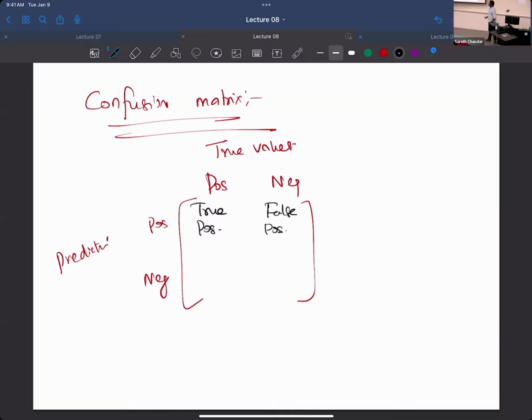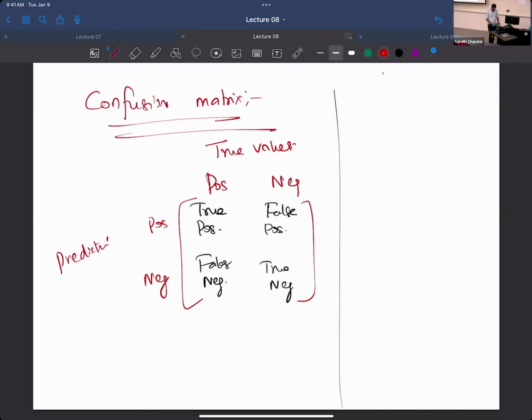Similarly, when the class is positive but the model is falsely classifying it as negative, we're going to call this false negative, and this is true negative. Is that clear?